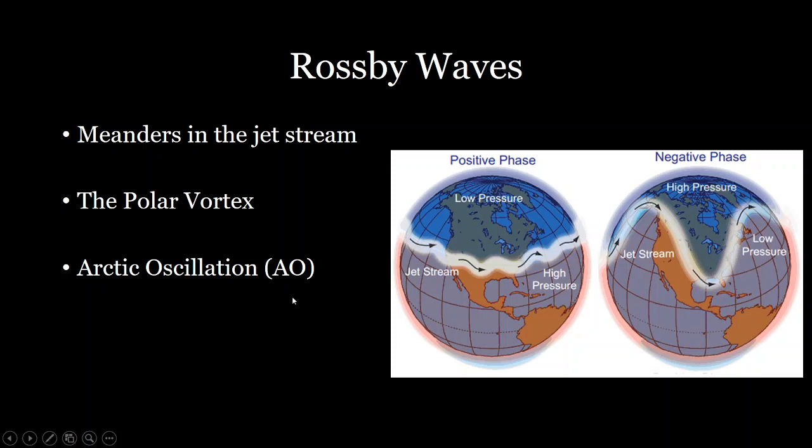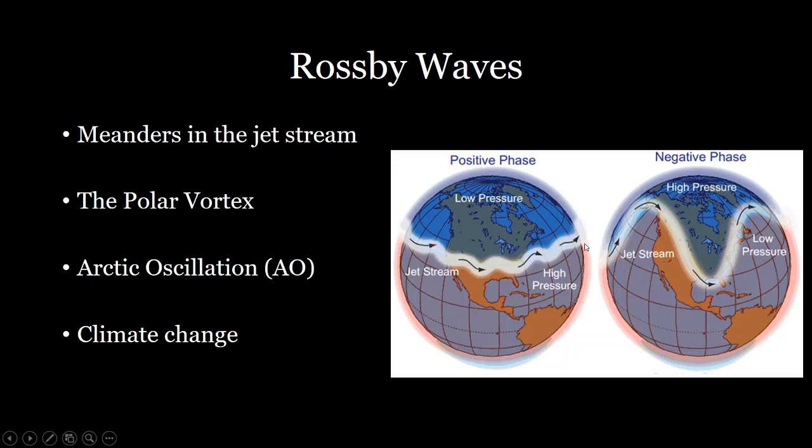And a number of scientific papers have shown that the phase of the Arctic Oscillation has been related to a lot of different weather phenomena. So it's a good way of incorporating these into climate models and weather models in order to predict different weather events due to where we predict the jet stream waviness to be.